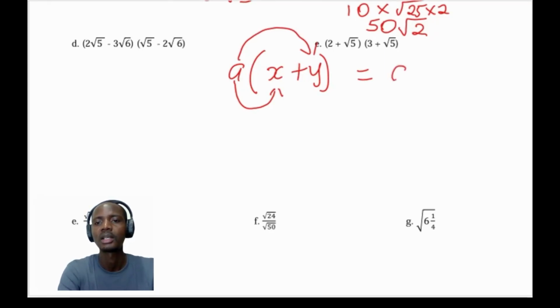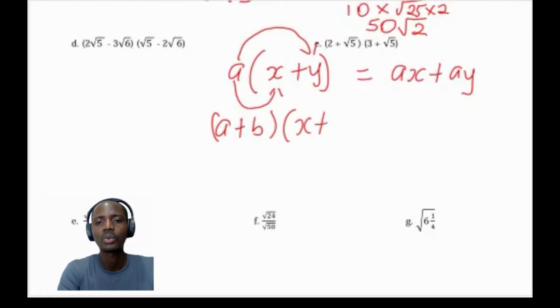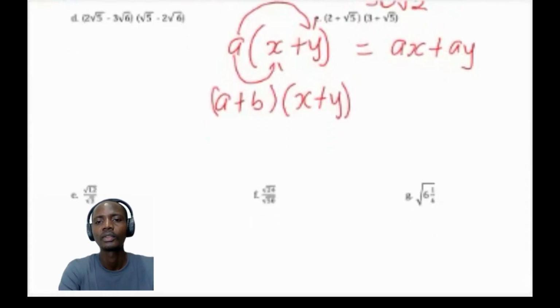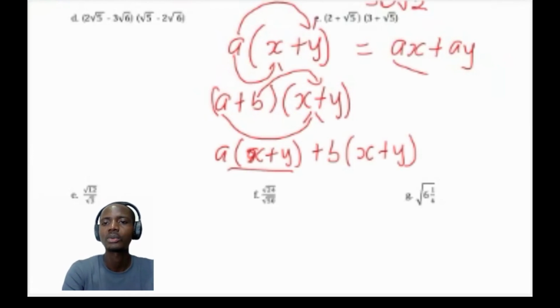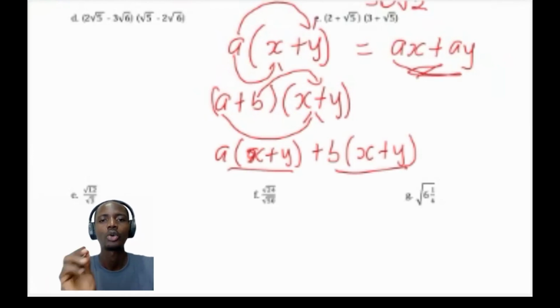So that becomes ax plus ay, right? So the same thing, if we now have to do a plus b multiplying x plus y. Now we know that we use a to multiply everything I have in here. That's a will multiply x plus y. Then b will also do the same thing. That's plus b multiplying x plus y. So we can now expand this just like we did here. Then we also expand it. So we'll be using similar knowledge.